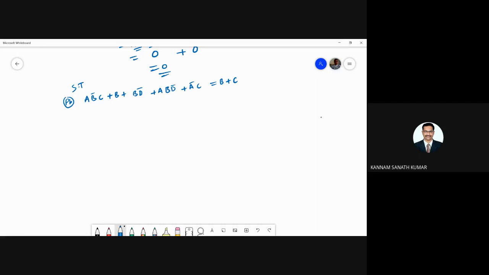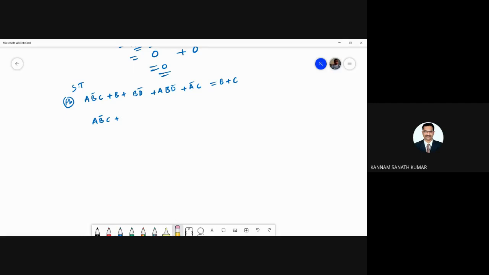Show that AB bar C plus B plus BD bar plus ABD bar plus A bar C equal to what? B plus C. Now here, AB bar C plus B, what you can do, you can apply the commutative law.